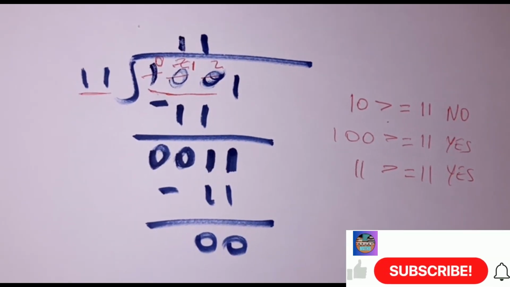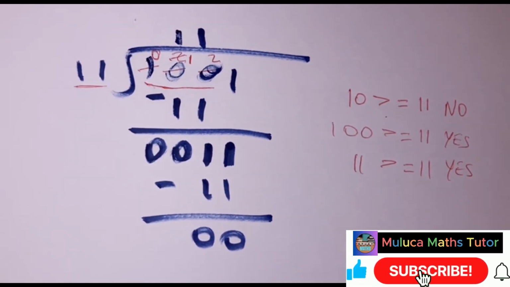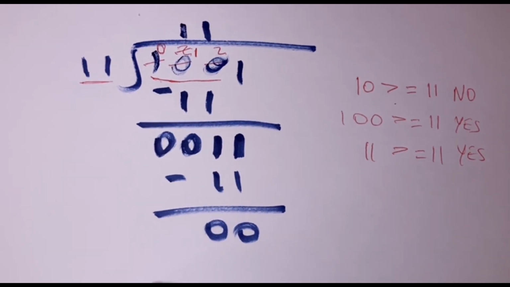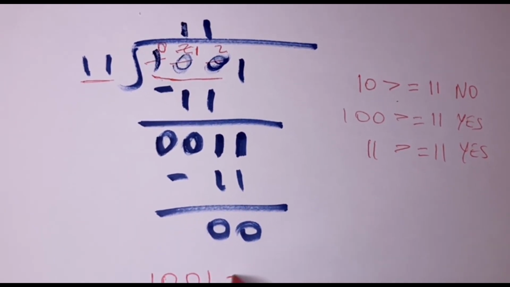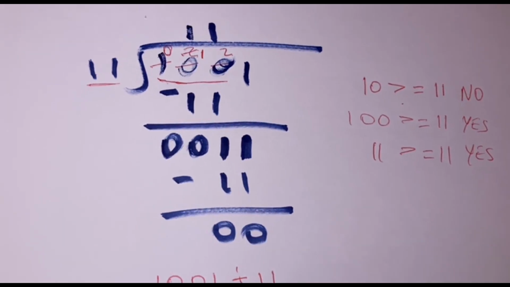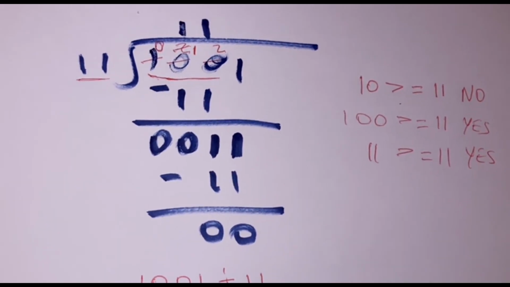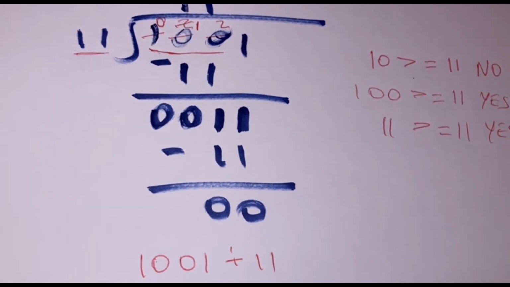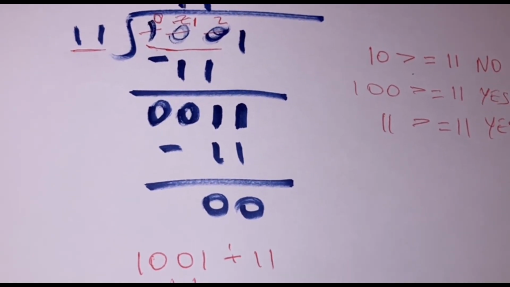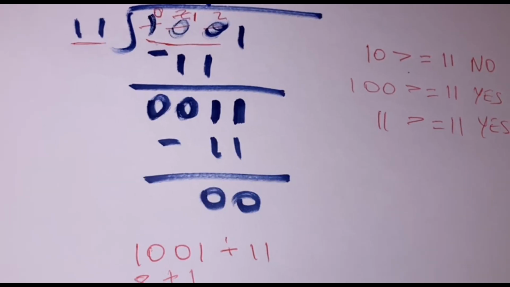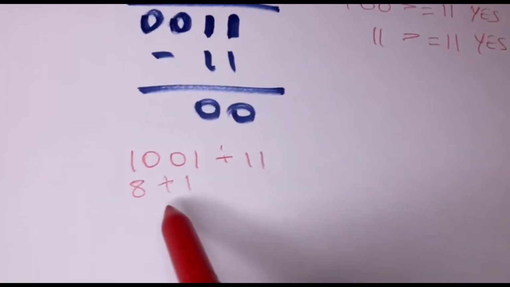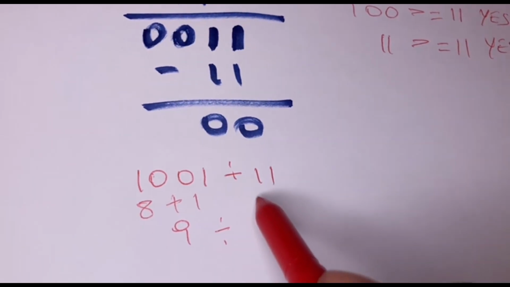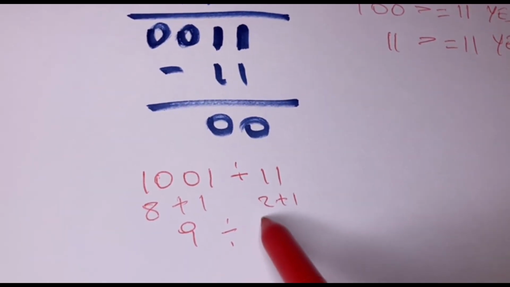So we have to verify now. Is our division right? So 1, 0, 0, 1 divided by 1, 1. 1, 0, 0, 1 is 8 plus 1, which is 9, divided by 1, 1, which is 2 plus 1, which is 3.